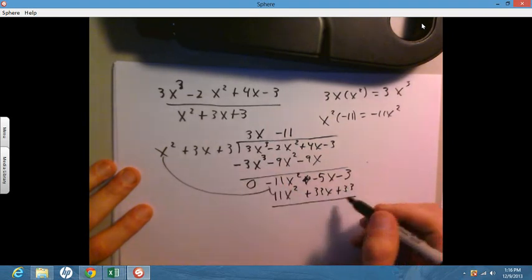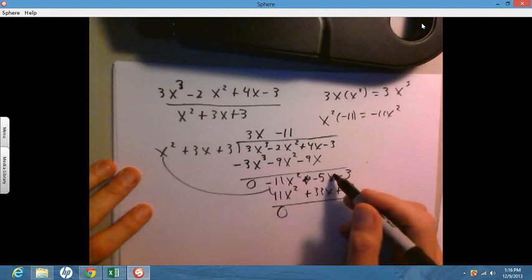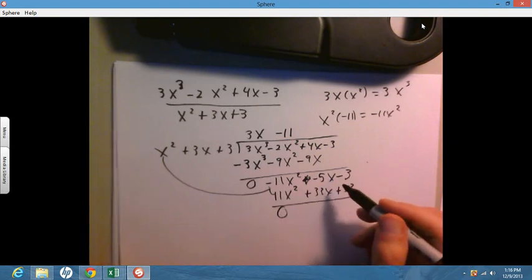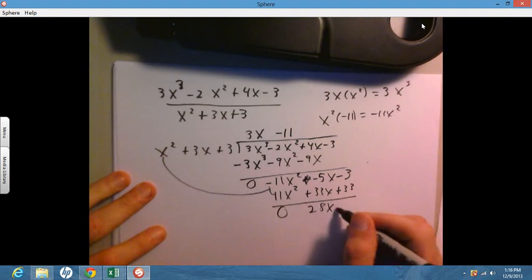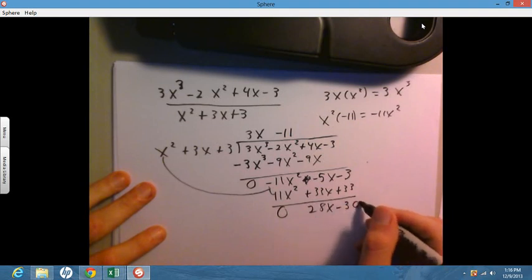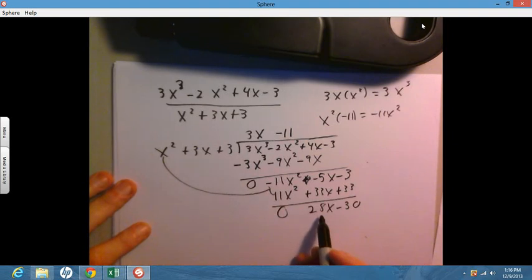Now these two cancel, giving me 0. 33x and negative 5x is going to be positive 28x minus 30. Now, I have an x squared here and I have an x here, so I can't divide anymore because this power is bigger than this power.